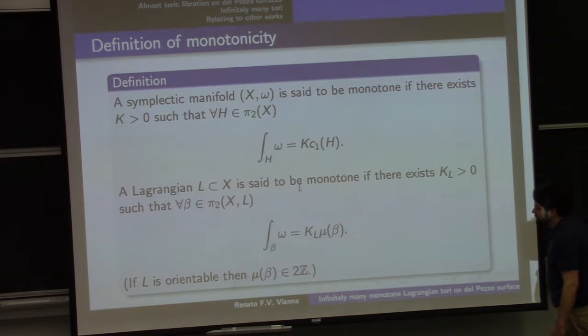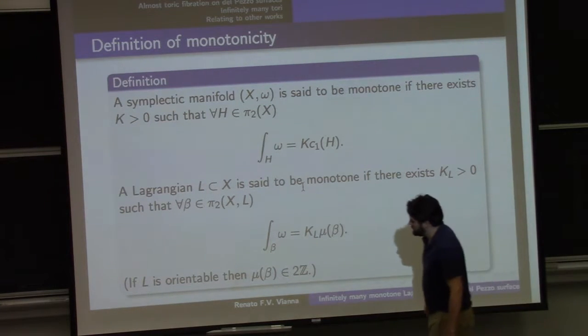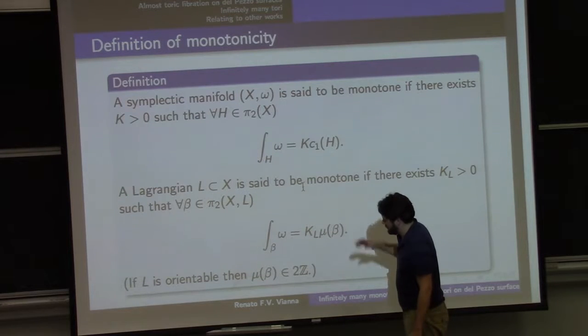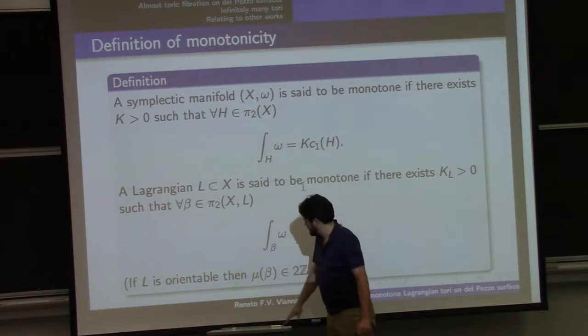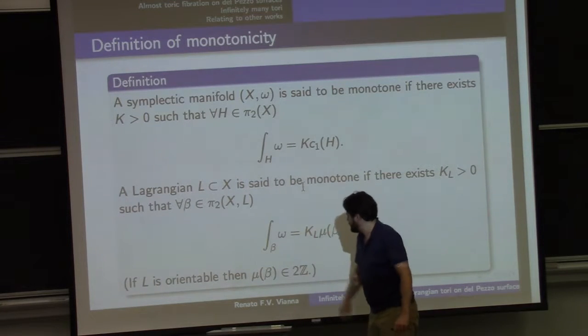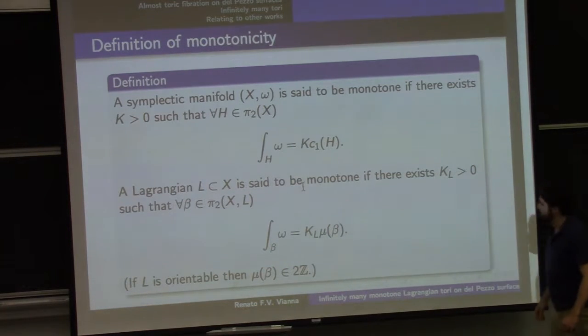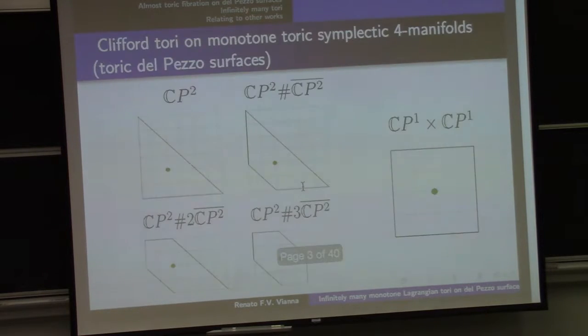An important point here is that I'm always going to be speaking about orientable Lagrangians. If I forget to say the word orientable, assume that. The Maslov index of an orientable Lagrangian is always even.